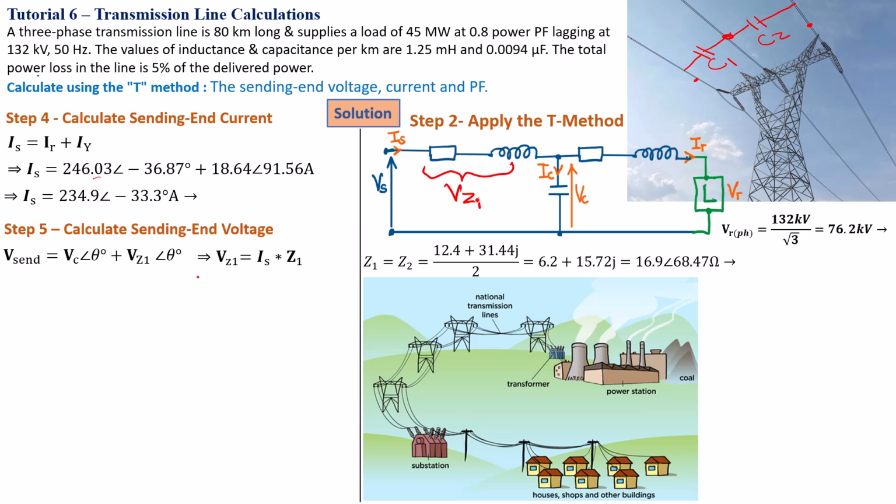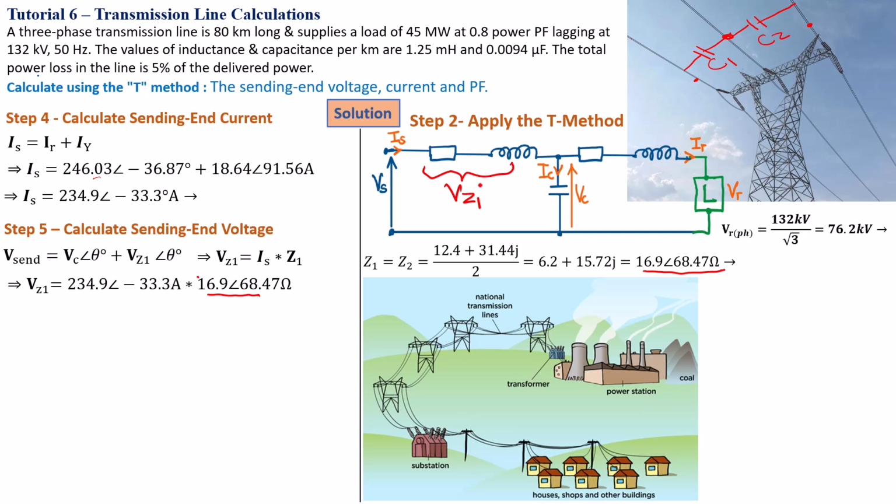VZ1 is IS times Z1. We already calculated IS, so we can get VZ1, which is 234.9 with an angle of negative 33.3 times 16.9 with an angle of 68.4, which is our impedance Z1 converted to polar form.